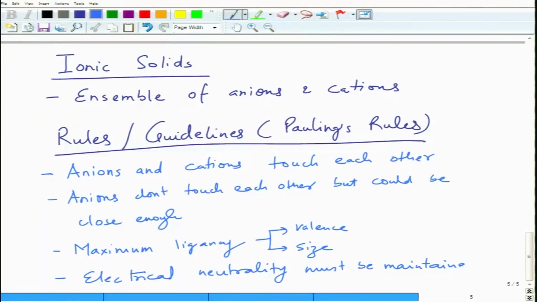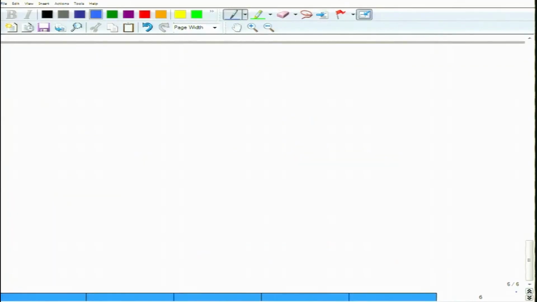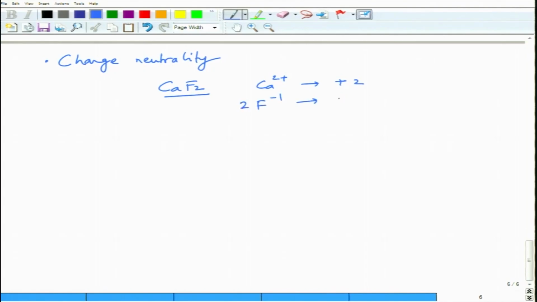This is very important. A solid cannot be electrically non-neutral, it has to be electrically neutral, which means the total positive charge must be equal to the total negative charge. That is a sacrosanct condition. So, let us see how we go about making this structure. When you talk about charge neutrality, for instance you have CaF2. Ca is a Ca plus 2 cation, it has plus 2 charge, and fluorine is minus 1, you have 2 of minus 1, so you have minus 2, and net charge is equal to 0.